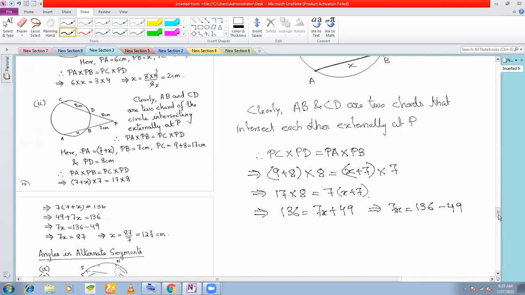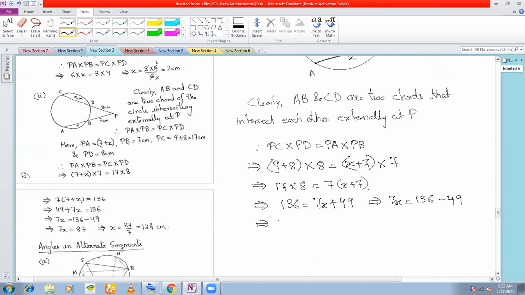Therefore 7x is 136 minus 49, which is 87. That means x is 87 by 7 centimeters. We convert this to a mixed fraction, 12 3 by 7 centimeters.